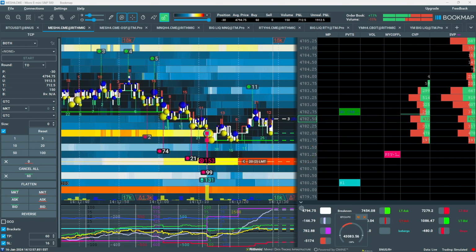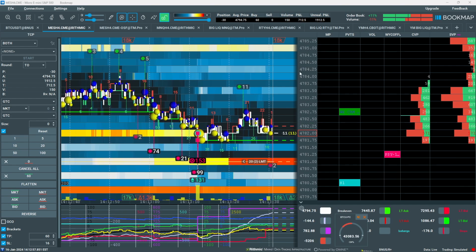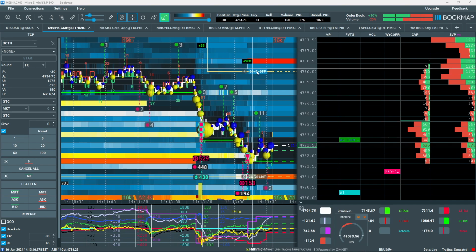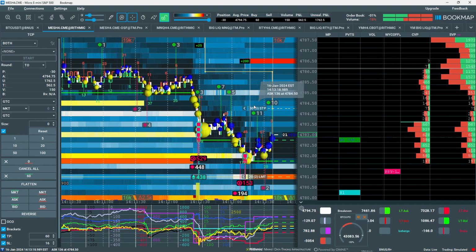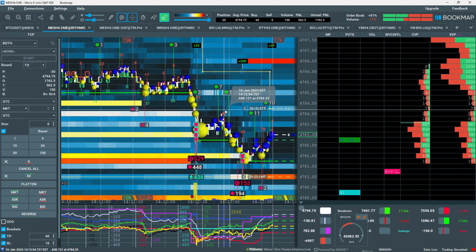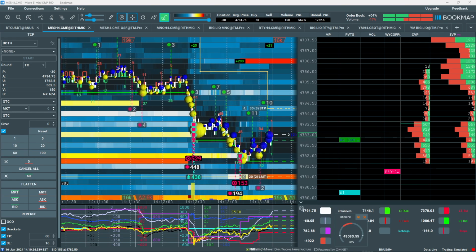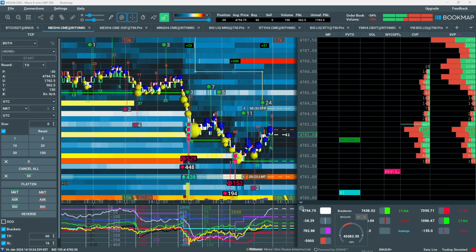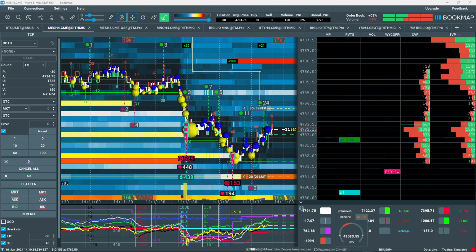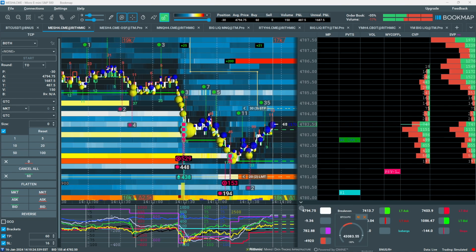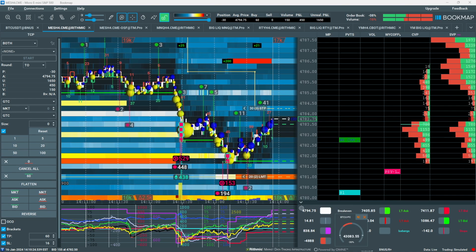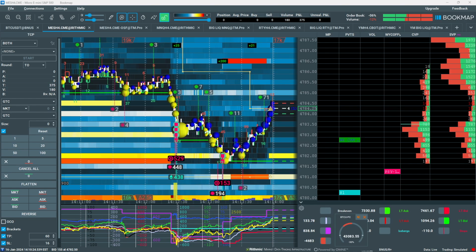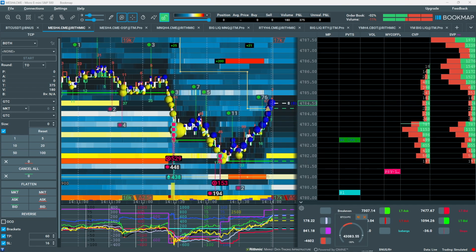Stops NQ sell. Stops NQ buy. Stop fill. Absorption buyers NQ. Sweep NQ.